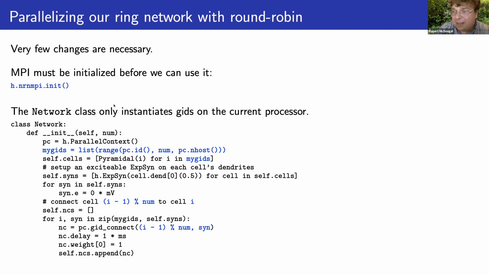If you know Python, you could use mpi4py to initialize MPI. It really doesn't matter. This is not a Neuron specific thing. It's a requirement imposed by the MPI library itself. Neuron provides a way of doing it, but any way of doing it should work.